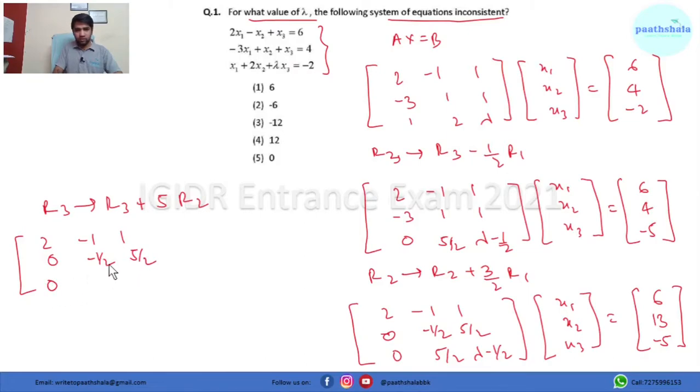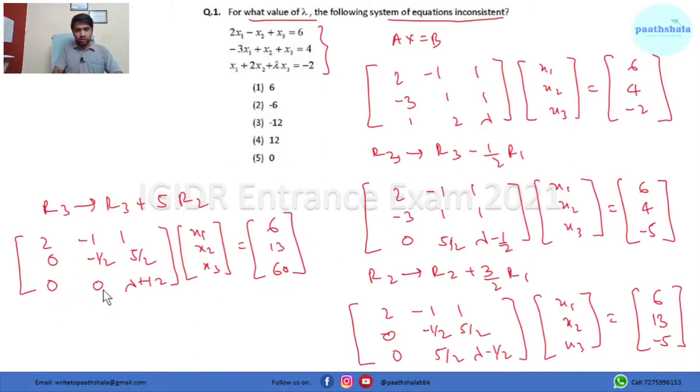In the third row, multiplying by 5 gives -5 by 2, and adding 5 by 2 gives 0. Multiplying 5 by 2 by 5 gives 25 by 2, and lambda minus half plus 25 by 2 comes out to be lambda plus 12. On the right side we get 6, 13. We are multiplying the second row by 5, so 13 fives are 65, and 65 plus -5 comes out to be 60.